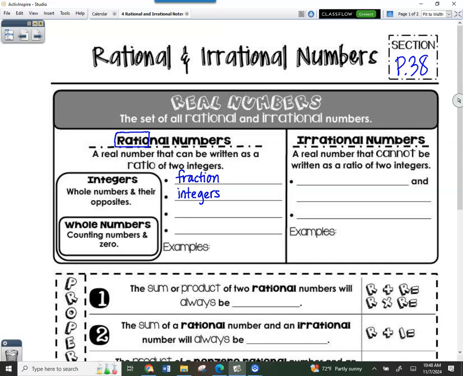For example, like the number 2. 2 is an integer. And you might say, okay, the question is, can I write it as a fraction? Well, what is 2 understood to be over? It's understood to be over 1. So because I can write it as a fraction, 2 over 1, it is considered rational.